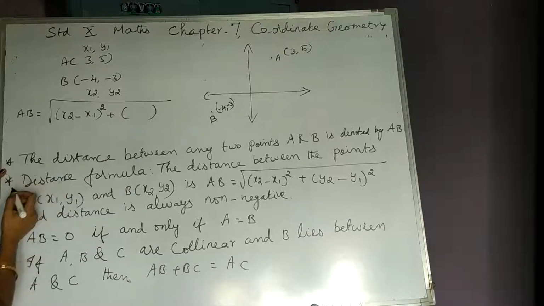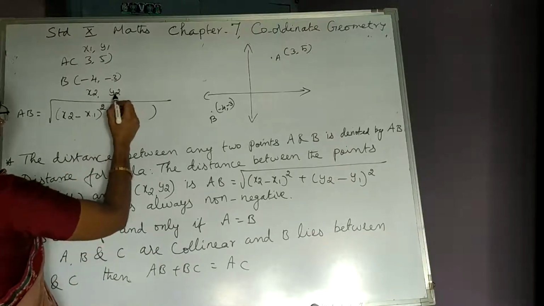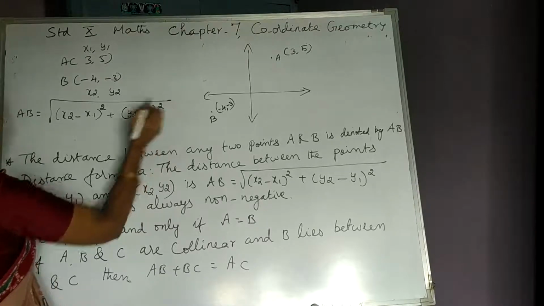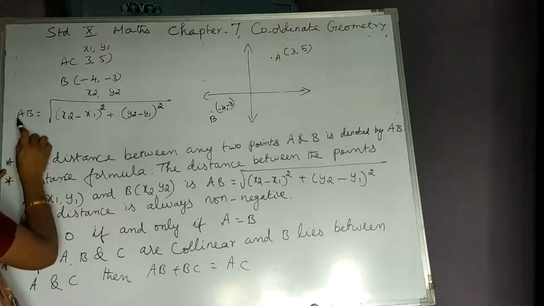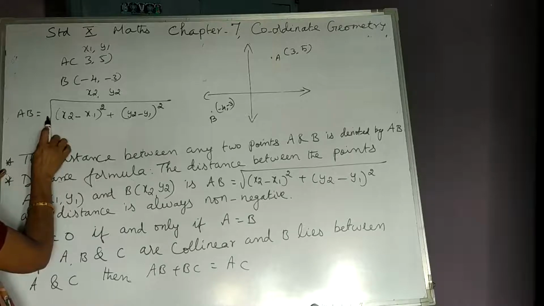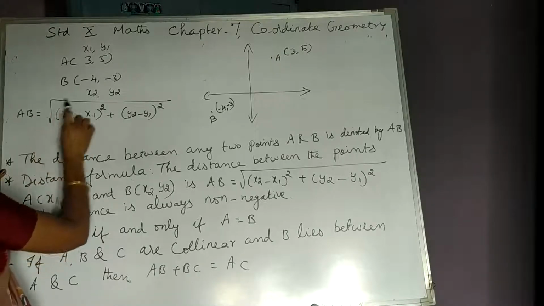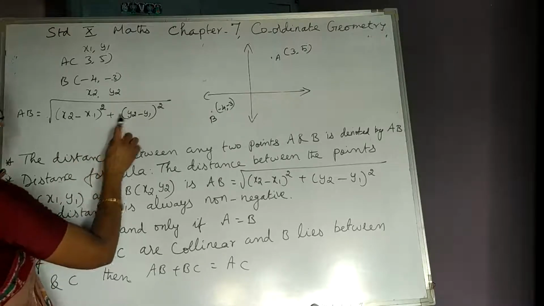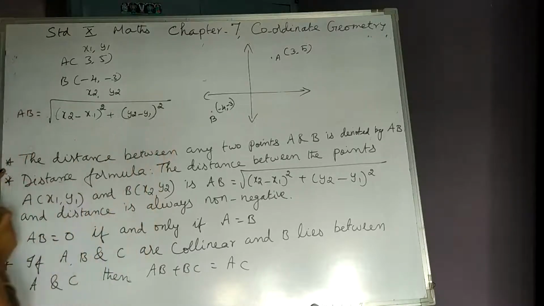Plus the difference of the y-coordinates, y2 minus y1, its difference squared. So the distance between two points is calculated using the square root of x2 minus x1 the whole square plus y2 minus y1 the whole square.